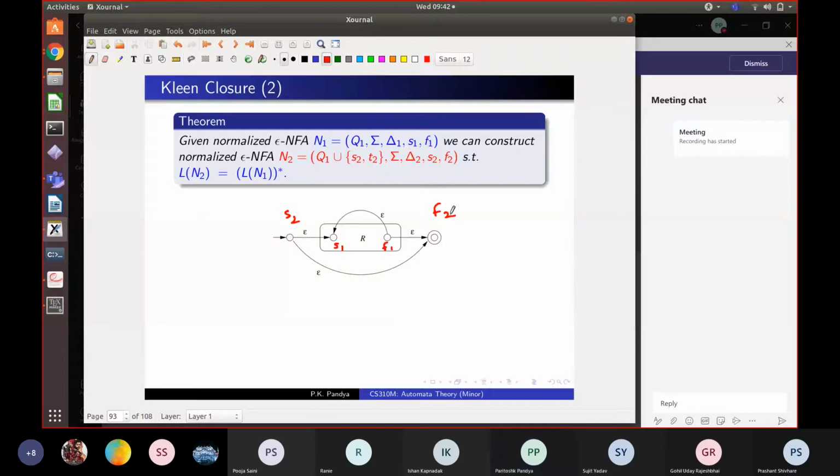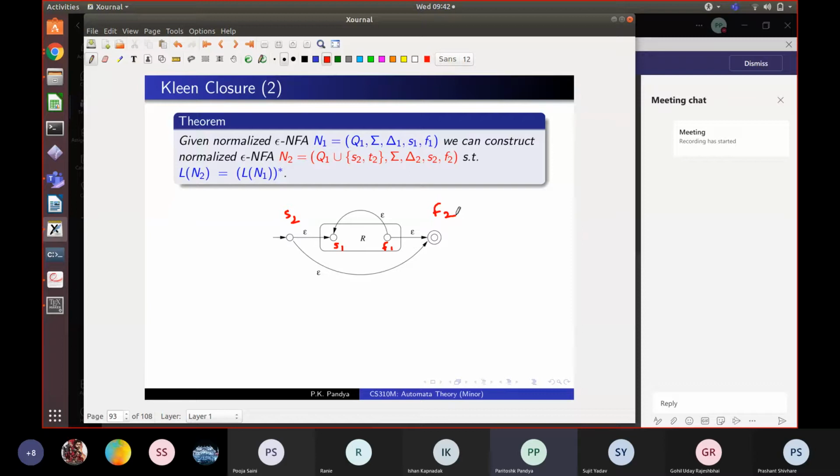Then we add these arrows shown here: one from S2 to S1, one from F1 to F2, one from F1 to S1, and also one from S2 to F2. So these 4 extra transitions, all marked epsilon, are added, and these 2 states S2 and F2 are added to N1, and the result is what we call the epsilon NFA N2.